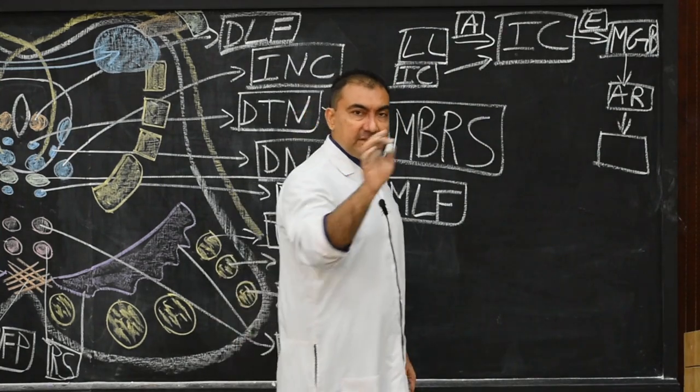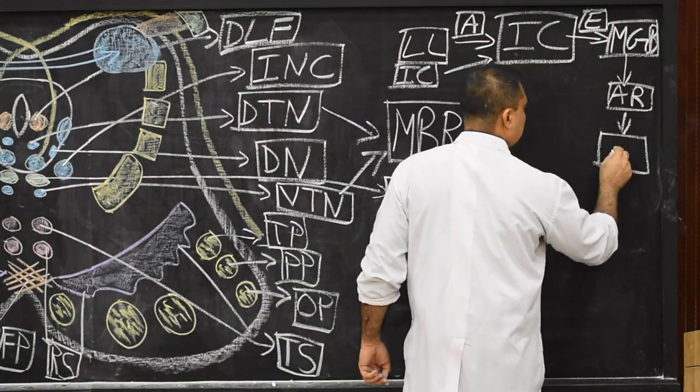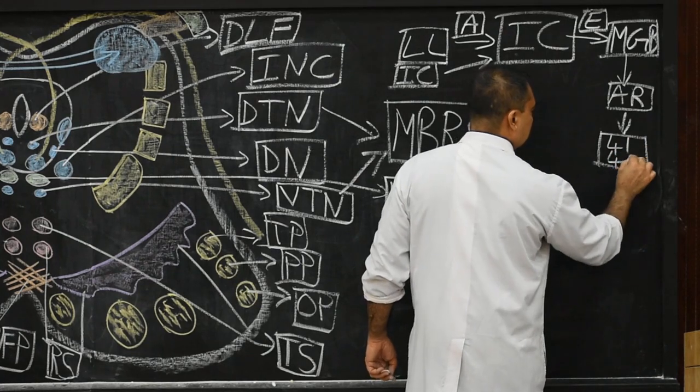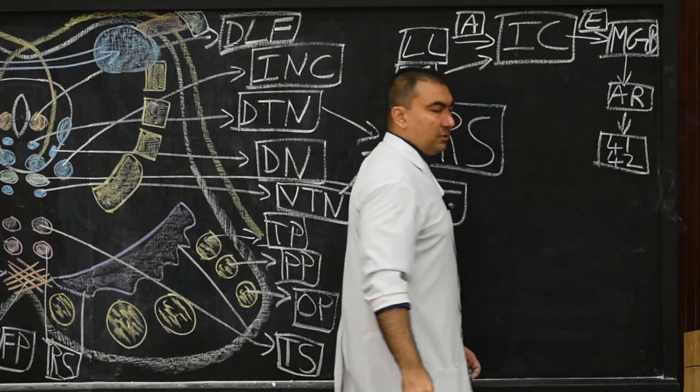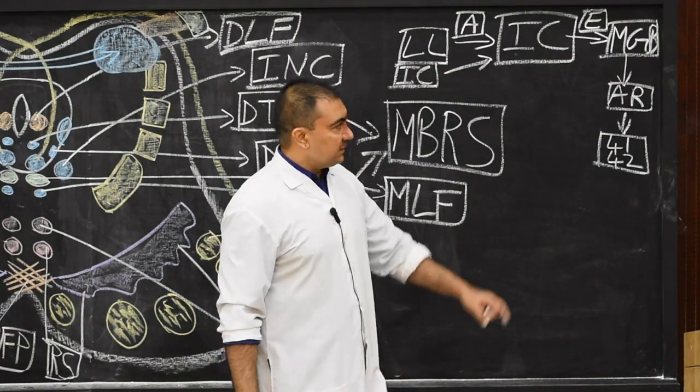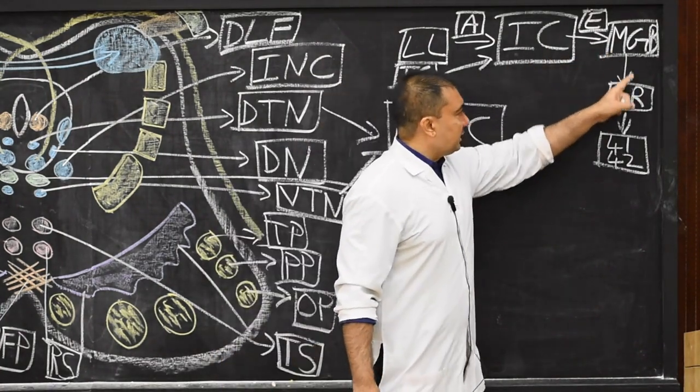And what is that auditory area of cerebral hemisphere? It will be related to area number 41 and 42, auditory area of the cerebral cortex. So this is how the efferent channel of inferior colliculus will pass.